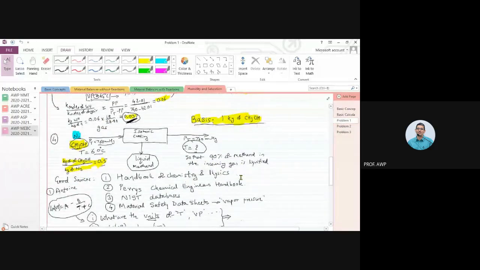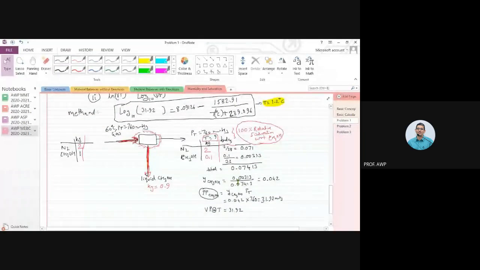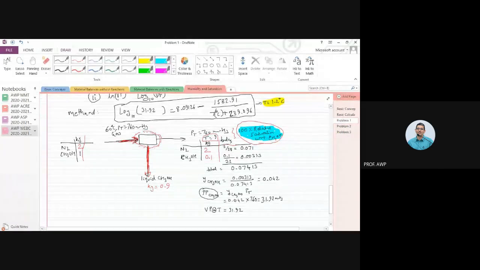Are you able to see problem number 4 that we did this morning? Yes, sir. What did we say about the nitrogen going out of this condenser? Did I give this? No, sir.